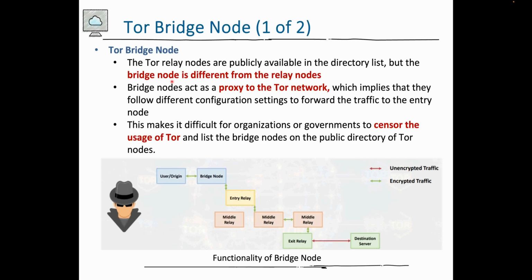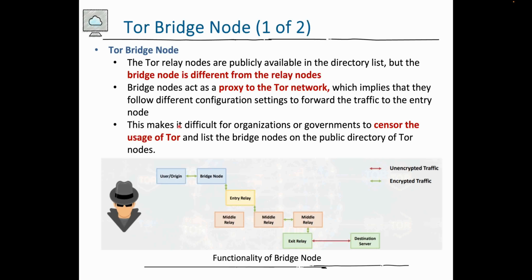By not appearing in the public directory, those bridge nodes remain under the radar of most blocking efforts. That's why many countries, if you travel, block even going to the Tor browser website to download it. Now, the functionality and configuration.